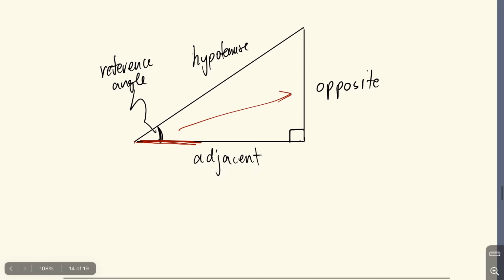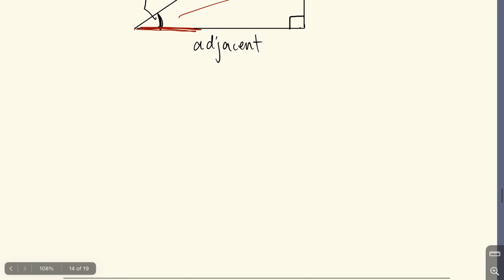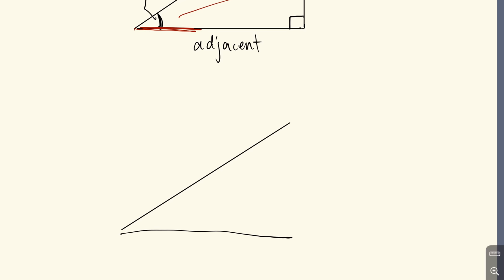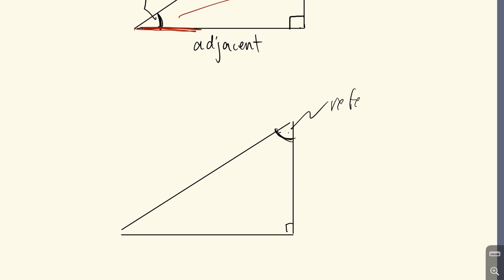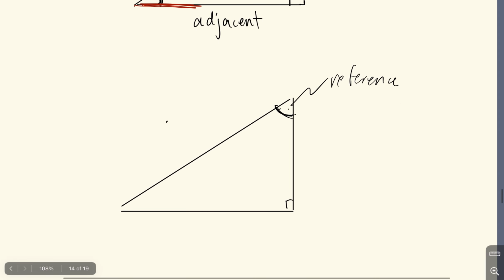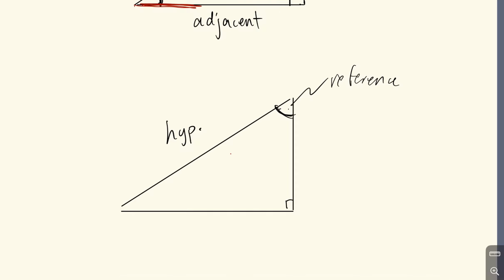However, if I took the same triangle, here I'm going to recreate the triangle again, and this time I made the reference angle up here, then we change the labeling of our triangle. The hypotenuse is still always the hypotenuse because it's the longest side, opposite the 90-degree angle.